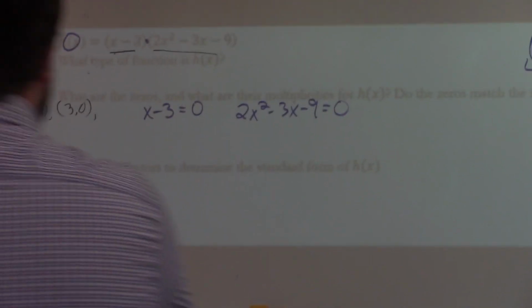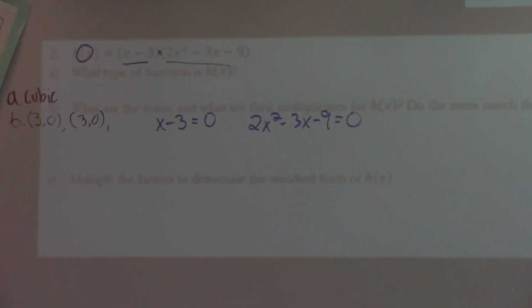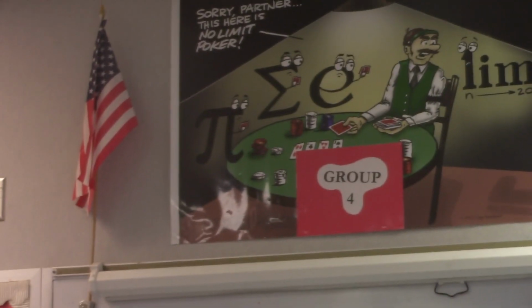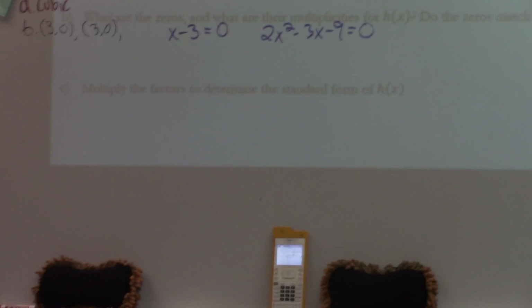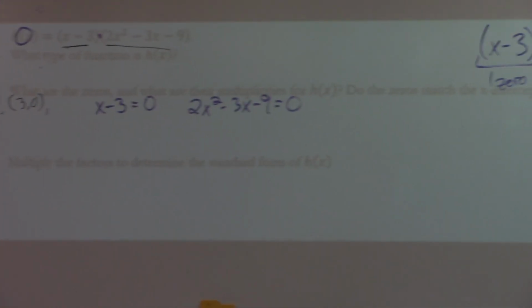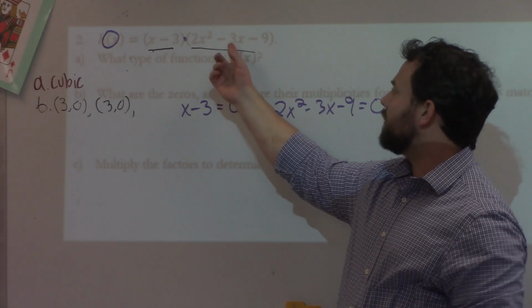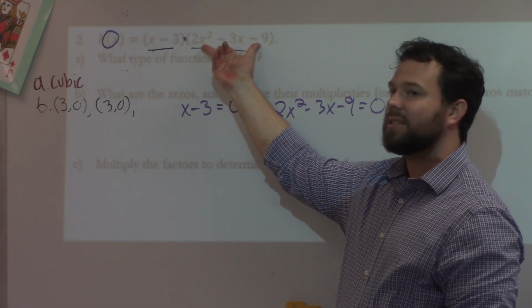Okay, so first things first, we were very successful on identifying what type of function this was. What type of function are we looking at? Cubic. How do we know it's cubic without even graphing it? It has 3 roots, right? A couple of students asked me, what about this minus 3x? Well, remember, this is in standard form.